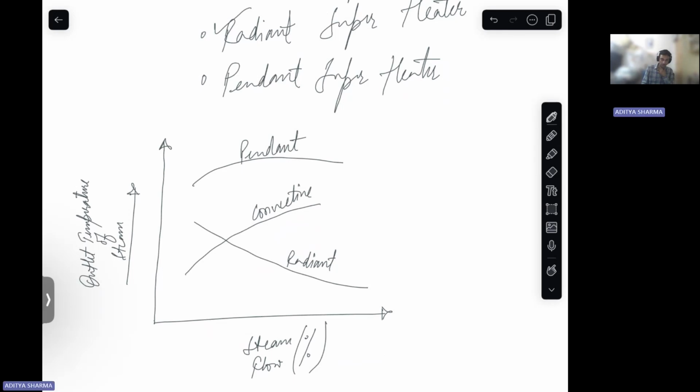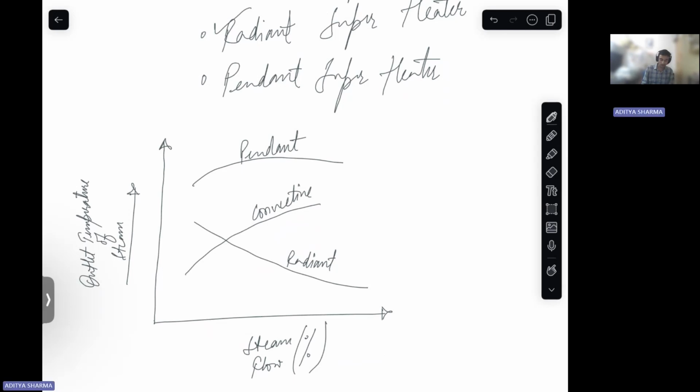So how this happens? When we are increasing the mass flow rate of steam that is entering the superheater, with this we increase the flow of flue gases that are causing this superheating effect. So we increase that, right? And eventually your heat transfer rate increases.